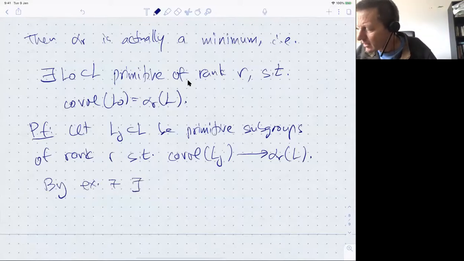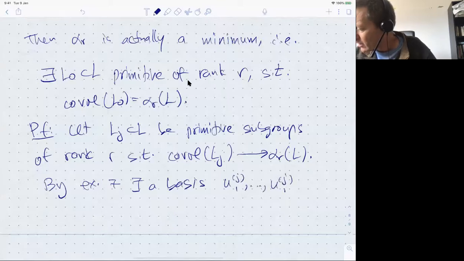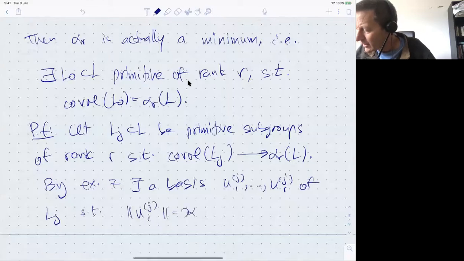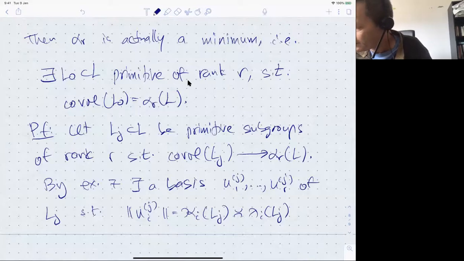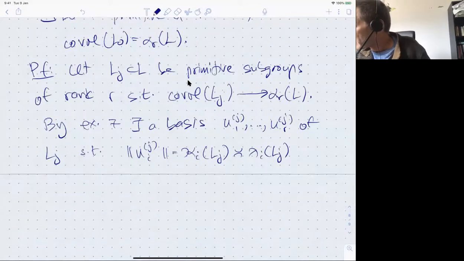So there exists a basis uj1 up to ujr of Lj such that the norm of uji, which we denoted by kappa i of Lj, is of comparable size to lambda i of Lj, the ith Minkowski successive minimum of the lattice Lj.